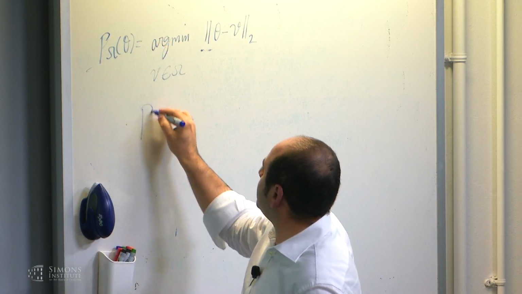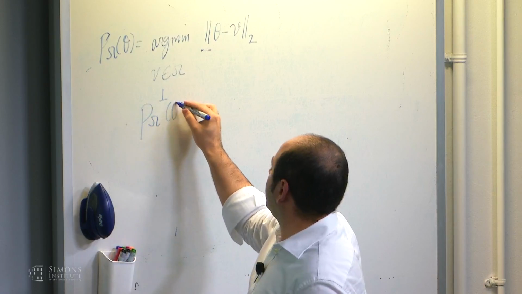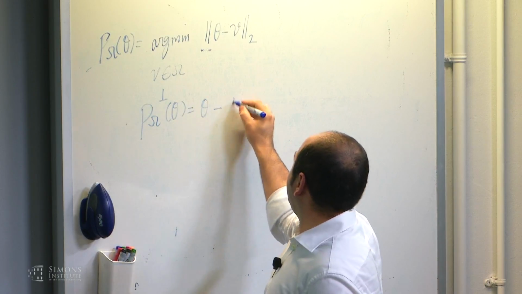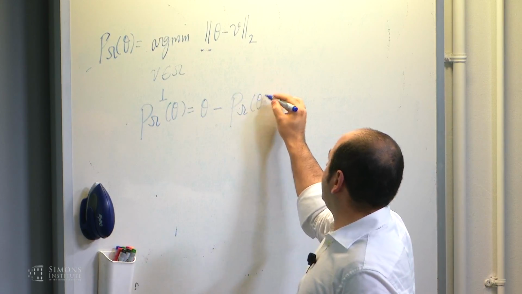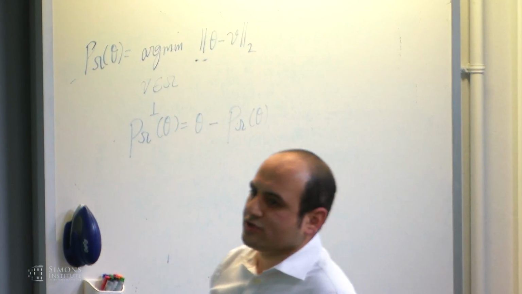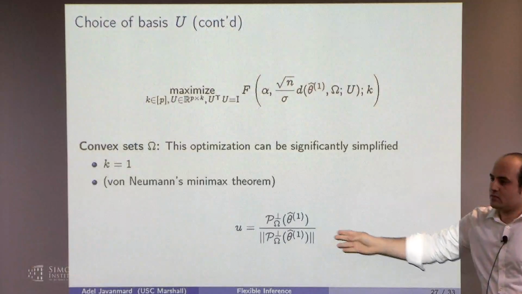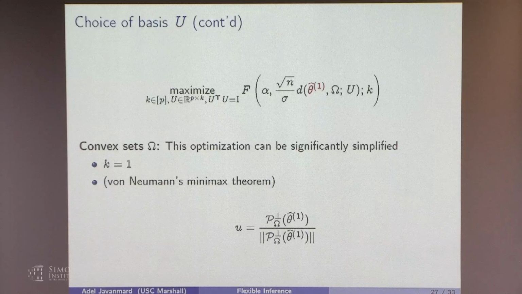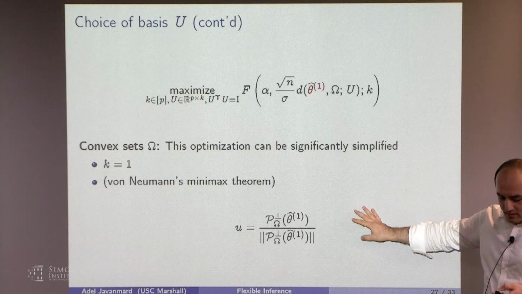And then the direction is just theta minus the projection over omega, and then you just normalize it to give the direction of the vector. So it has a closed form for the convex omega.